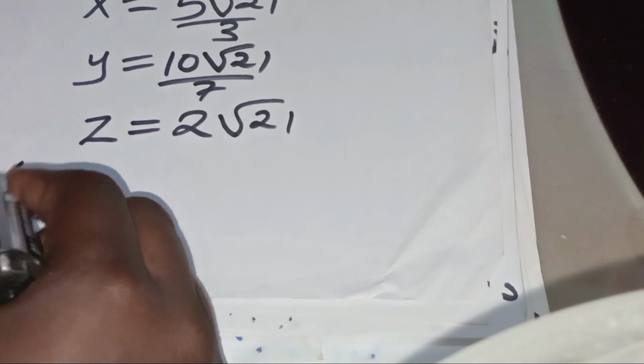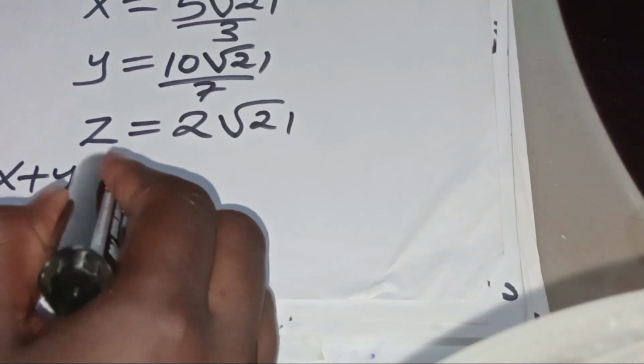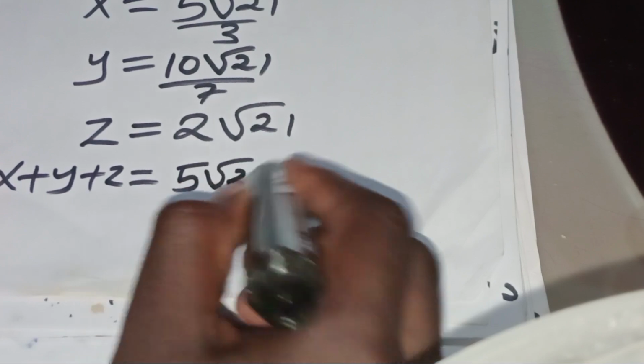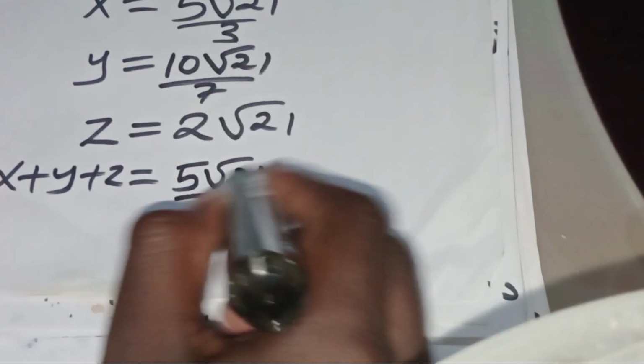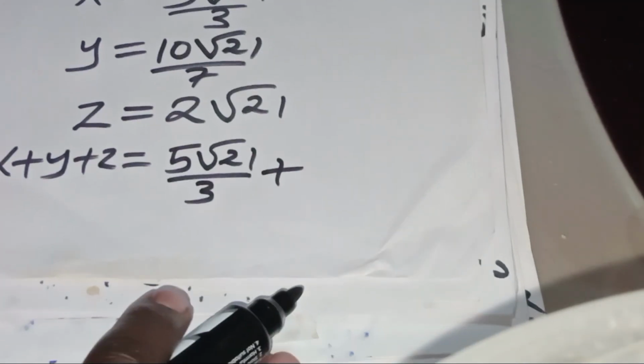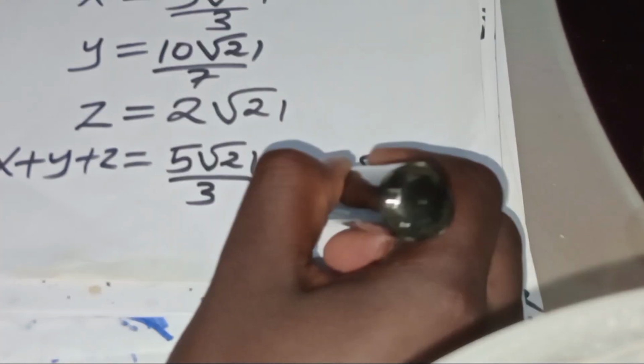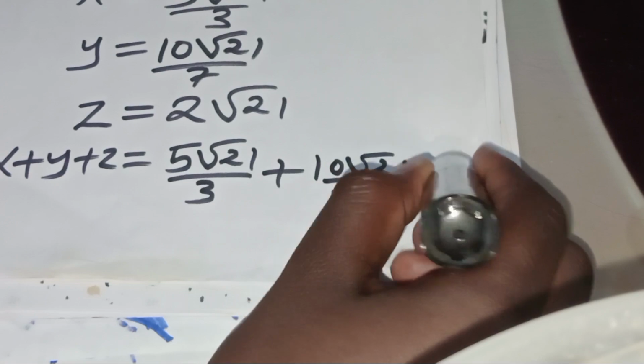Therefore x + y + z is equal to 5 square root of 21 divided by 3, plus 10 square root of 21 divided by 7, plus 2 square root of 21.